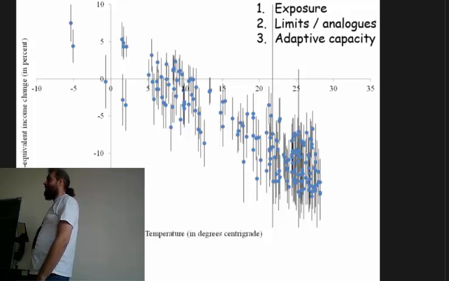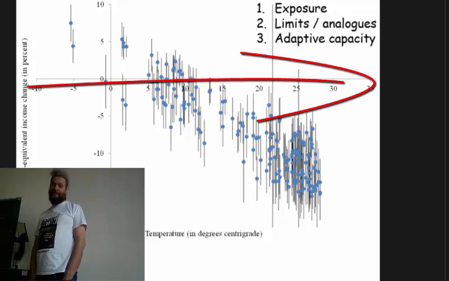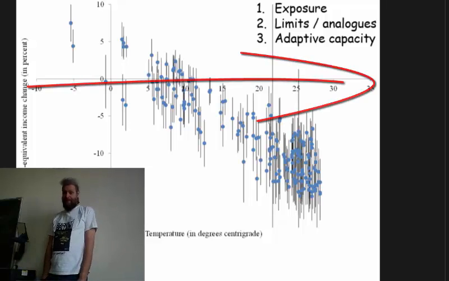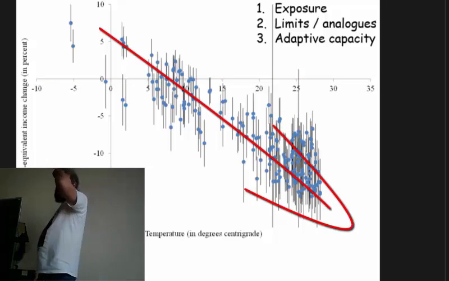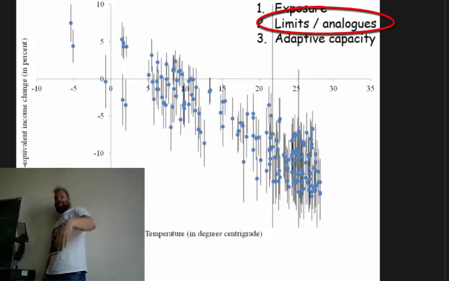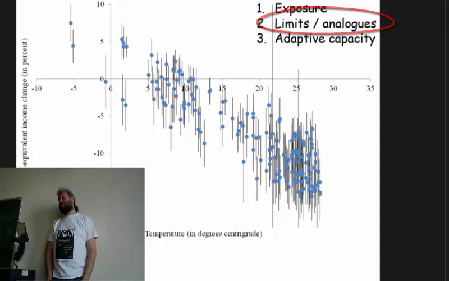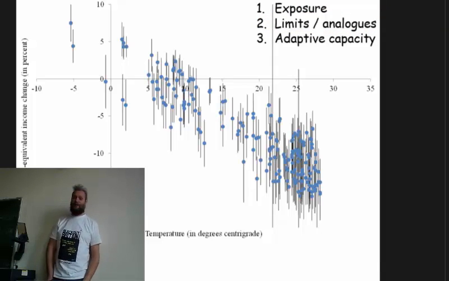It's the same information, but now plotted against the current mean temperature. And what you see is that impacts are larger and more negative in places that are currently hotter. Some of it is because plants and things are closer to their biological or biophysical limits. Part of it has to do with the possibilities of adaptation.